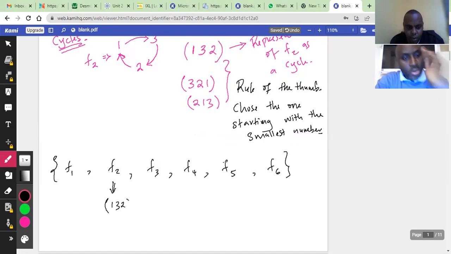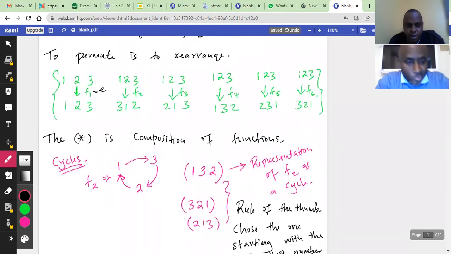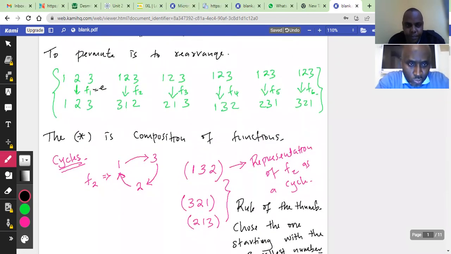So what is the cycle representation of F3? Let's start with F1, sorry.